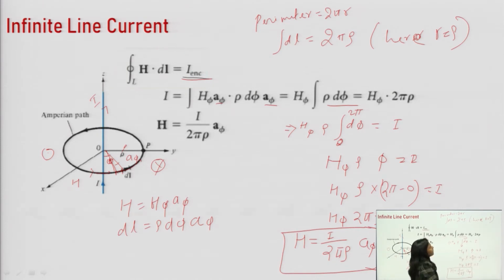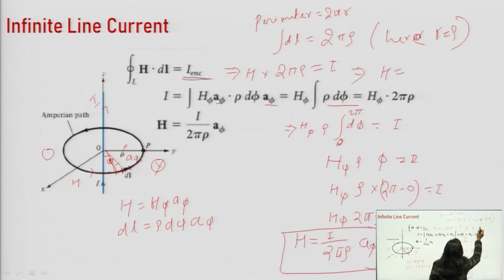So we can write the closed integral of dl as 2 pi rho. So then we can write h multiplied by 2 pi rho is equal to I. This implies h is equal to I by 2 pi rho. Now this is the magnitude.